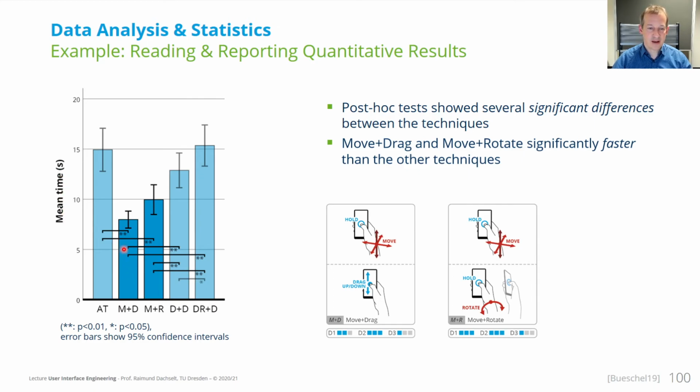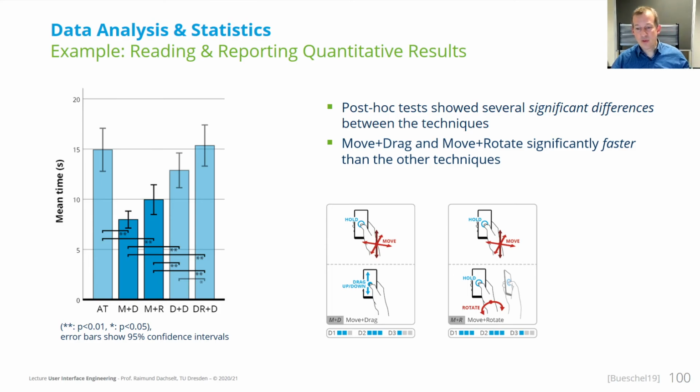Like move and drag is significantly faster than D and D, forgot about this, and is significantly faster than DR and D, and it's significantly faster than AT, so than every one of them. The same applies to M and R, and this is significantly faster than the first one, significantly faster than this and that one. And between those, there's no significant difference between move and drag, and move and rotate.